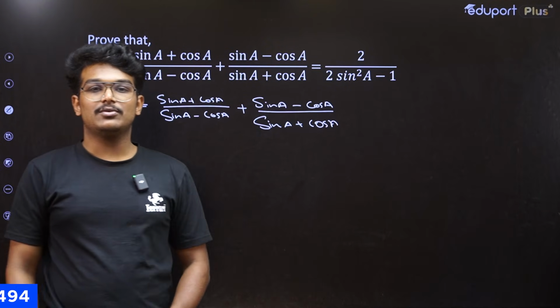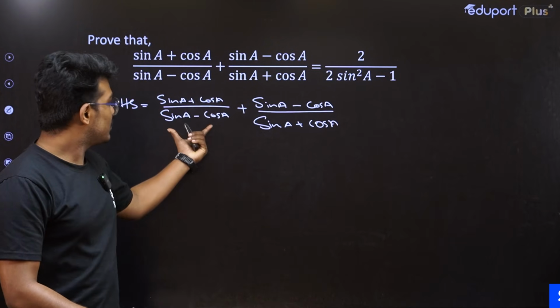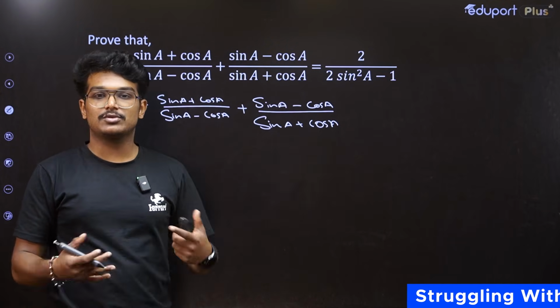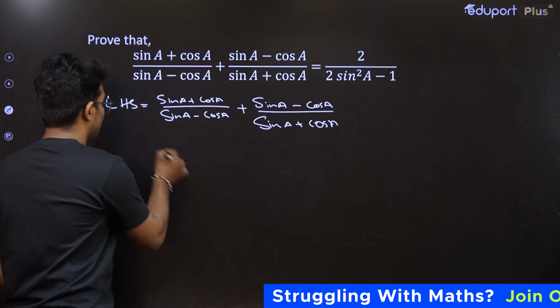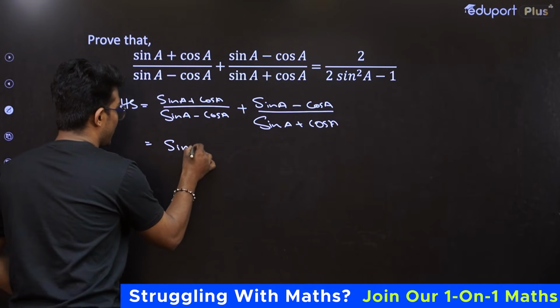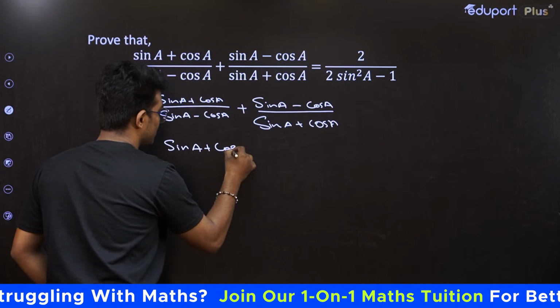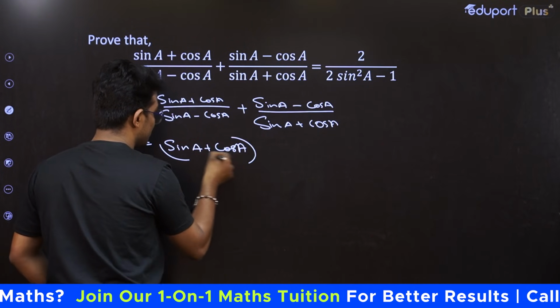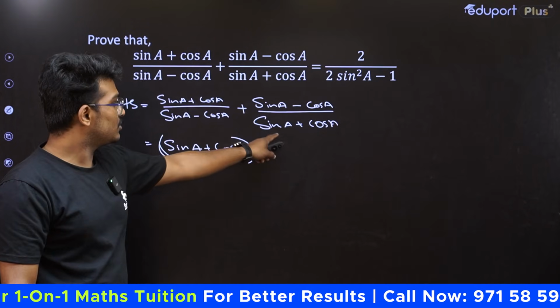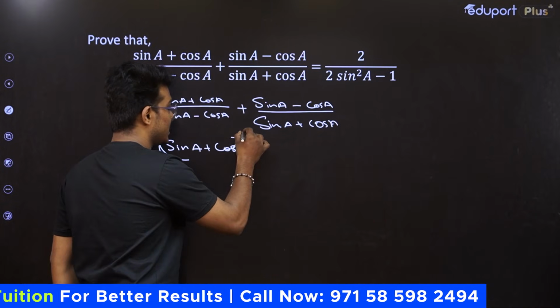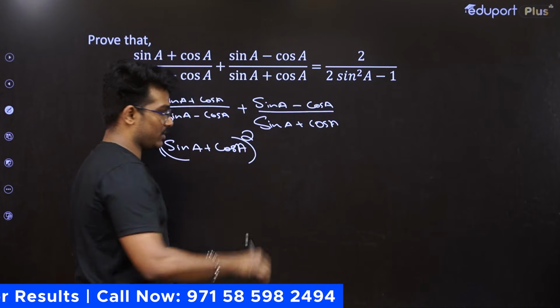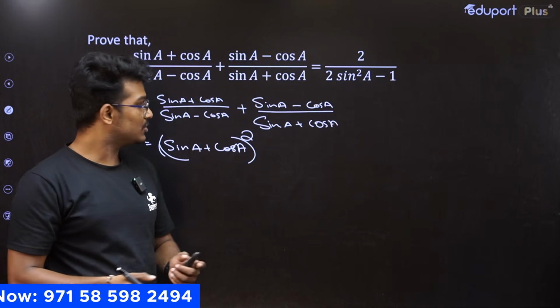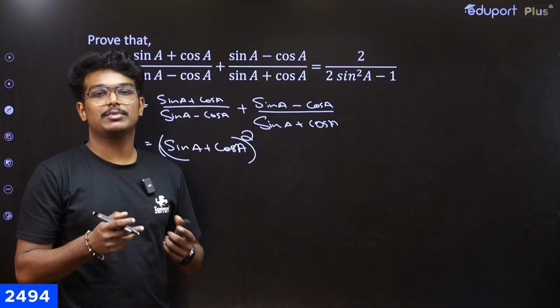Okay, now there are two fractions. The first one is this and the second one is this. We are cross multiplying this. Then it will be sin A plus cos A into sin A plus cos A, that is sin A plus cos A whole square. That is A plus B into A plus B is equal to A plus B whole square.